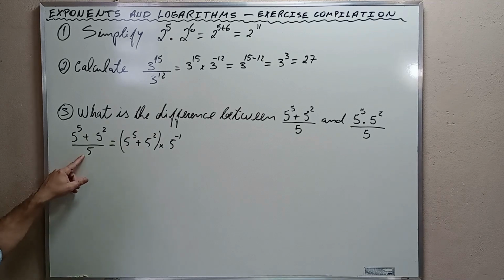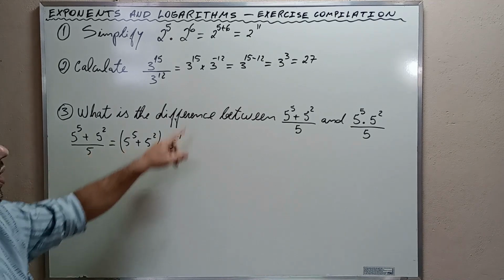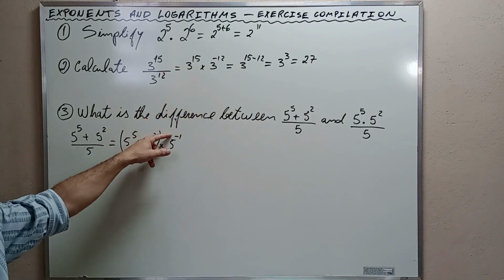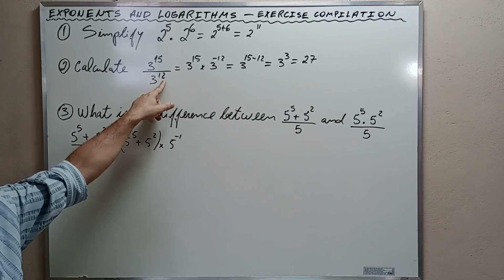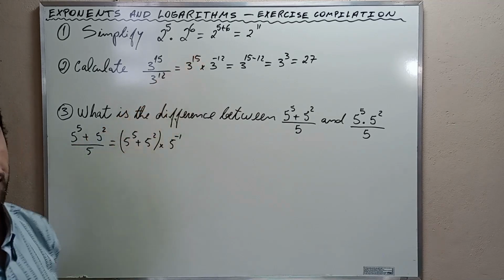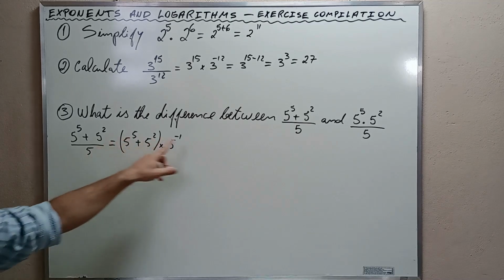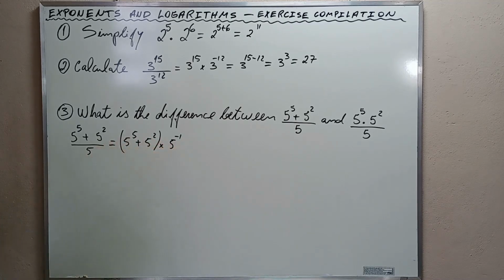We converted from the denominator to the numerator as we did here, and whenever we do this, we invert the sign here. Observe that it was 12 here, it became negative 12, and here it is the power of 1, and it became the power of negative 1.